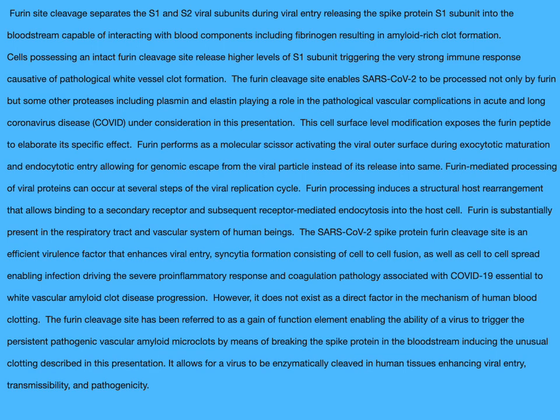This cell surface level modification exposes the furin peptide to elaborate its specific effect. Furin performs as a molecular scissor, activating the viral outer surface during exocytotic maturation and endocytotic entry, allowing for genomic escape from the viral particle instead of its release into same.